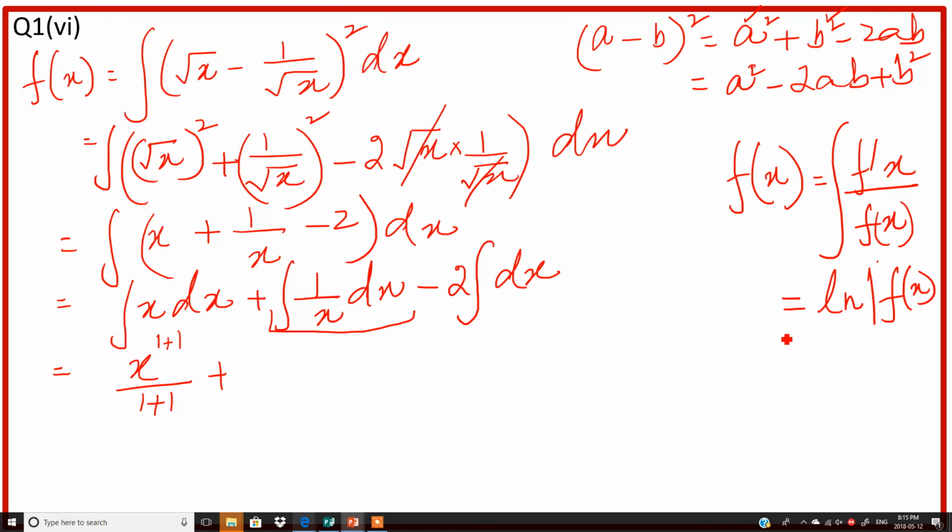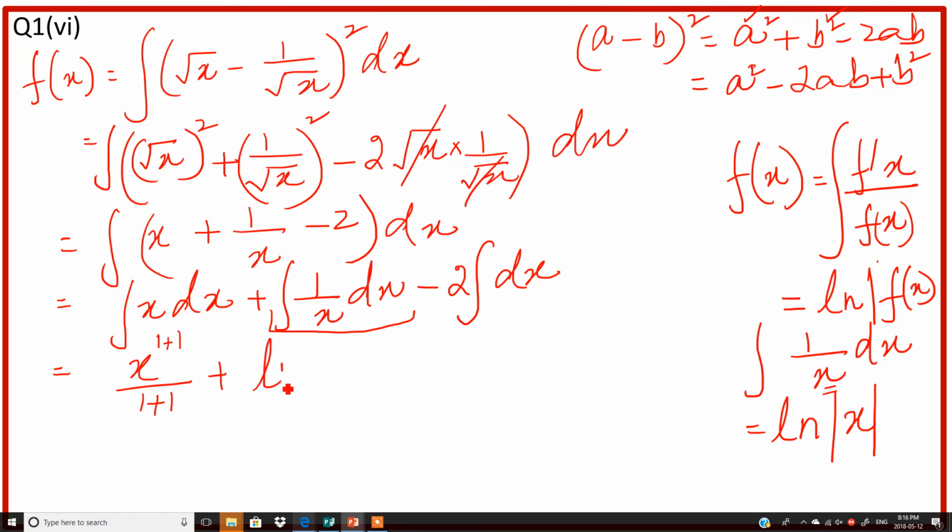So here in this case we have integral of 1 over x dx. This is the function. See, this is the f(x), and the derivative of x is 1, which is in the numerator. And I told you, if the function is in the denominator and the derivative of that function is in the numerator, so the integration will be equal to natural log of function, and function is x, so natural log of x.